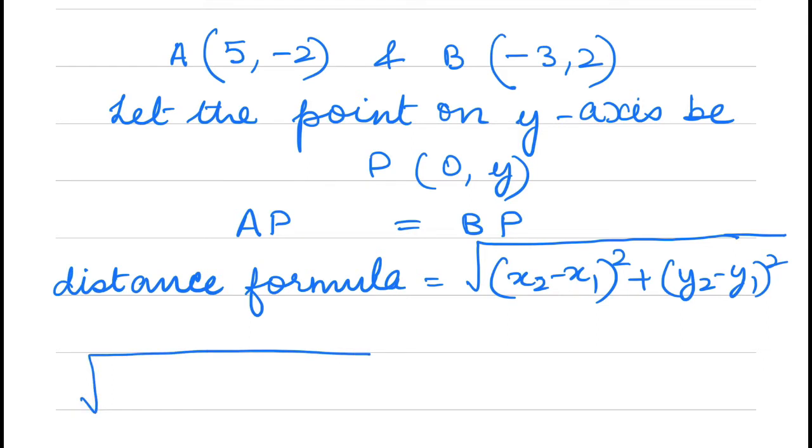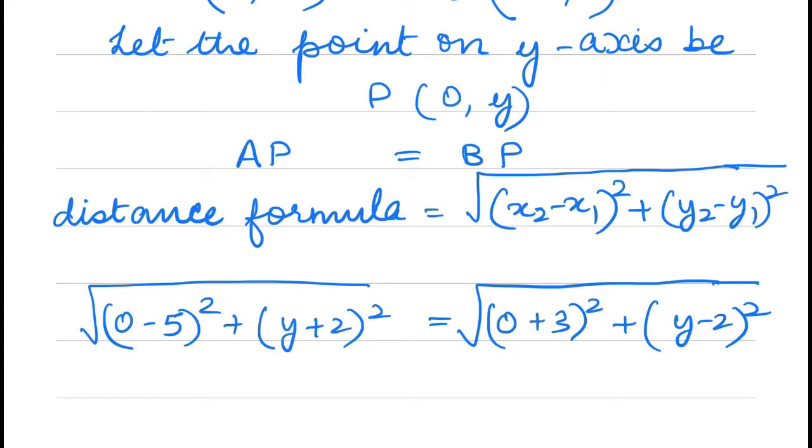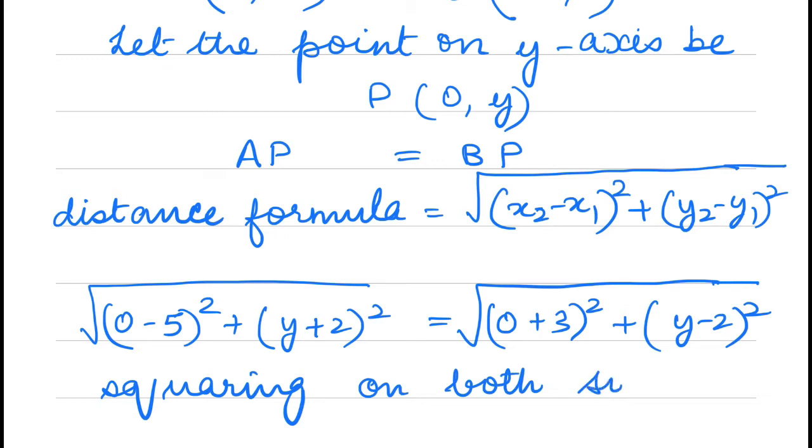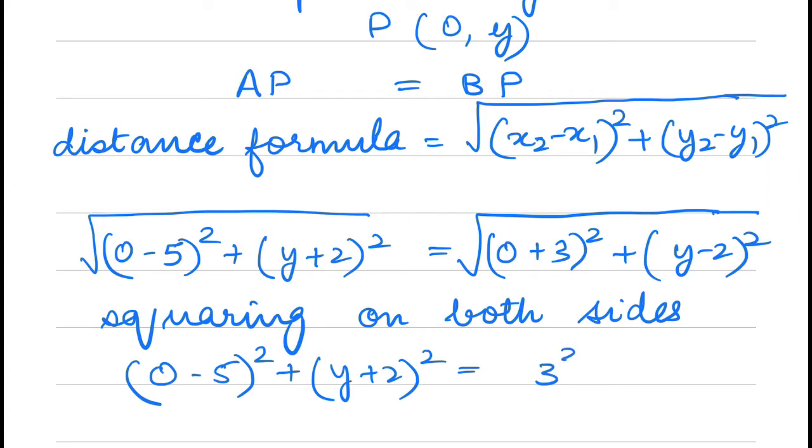AP will be square root of (0 minus 5) whole square plus (y plus 2) whole square, and BP is square root of (0 plus 3) whole square plus (y minus 2) whole square. Squaring on both sides, we get (0 minus 5) whole square plus (y plus 2) whole square is equal to 3 square plus (y minus 2) whole square.